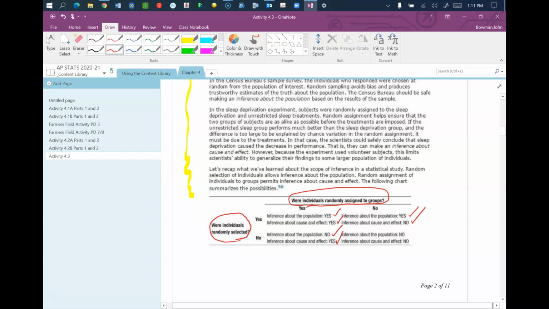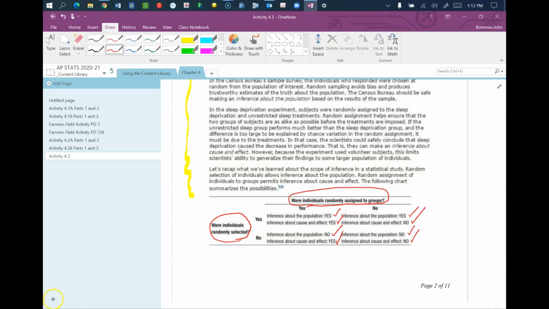And the reason being that maybe those volunteers are not a good representation of the population, even though we found a cause and effect relationship. And if neither one of those things are true, the subjects were not randomly selected and they were not randomly assigned to treatment groups, then you cannot make inferences about the population, and you also cannot establish a cause and effect relationship.